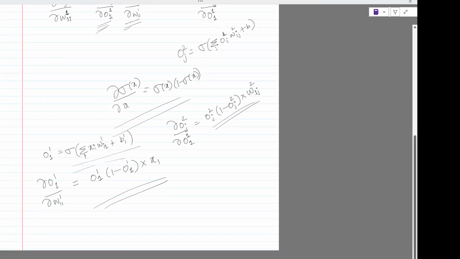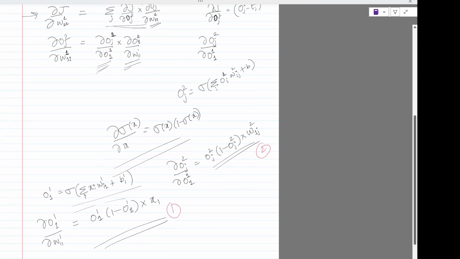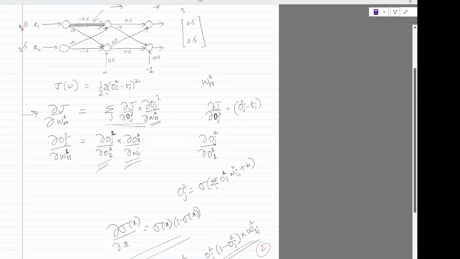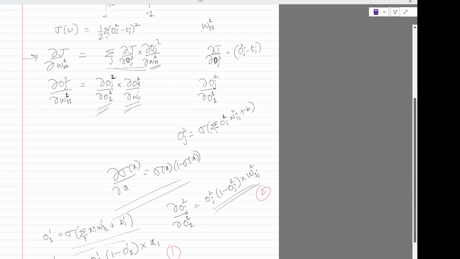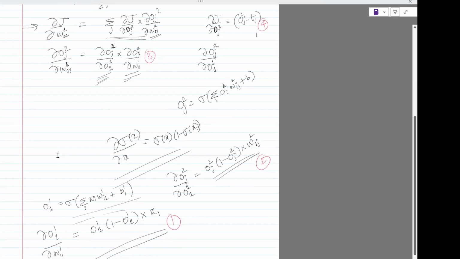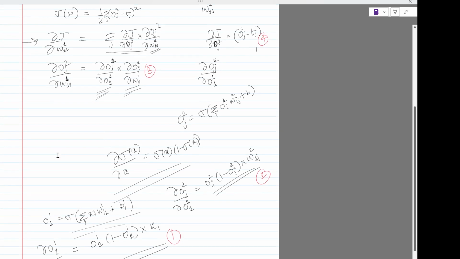First you compute this, then you can compute this, so that will give you this, and here this. Okay, so any doubts in this?